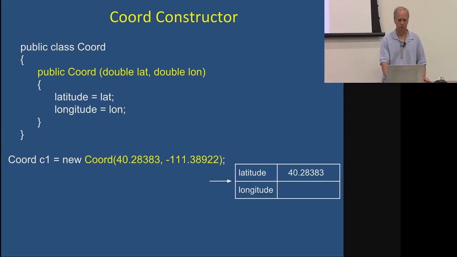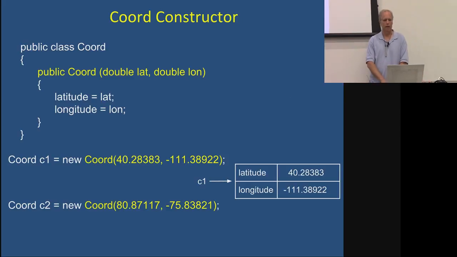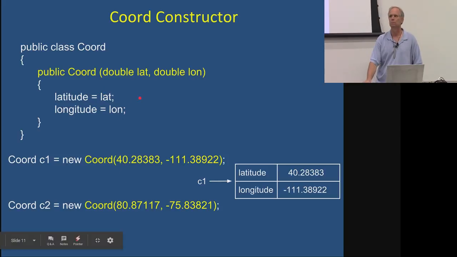Okay, so there's C1. Now what happens when we do that? Is it going to overwrite these values right here? Because it looks to me like it's going to set latitude to a different lat and longitude to a different lon. What's going to happen here?